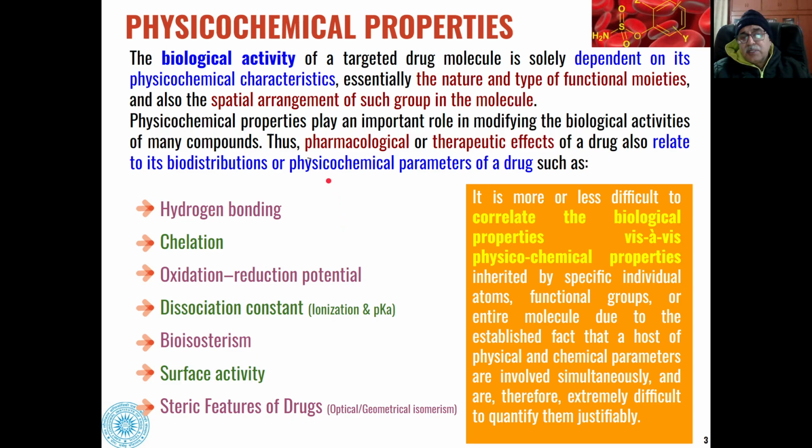So the biological activity may depend on any one physicochemical parameter, or on a combination of more than one physicochemical parameter which will determine the biological activity of that targeted drug molecule.